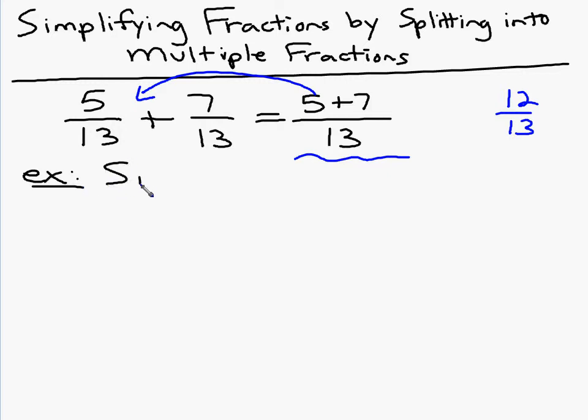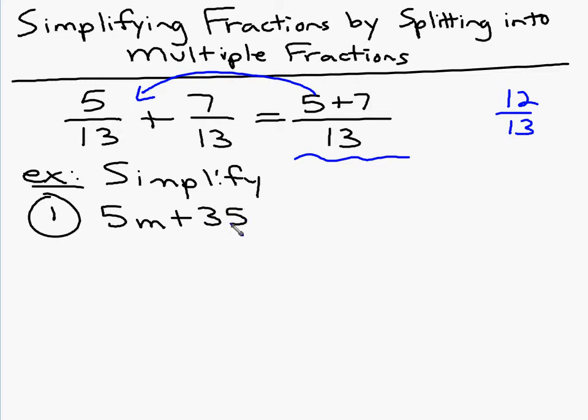You're going to be asked to simplify, and you'll have a problem like this: (5m plus 35) all over 5. Basically what they've done is they've written an algebra expression all over a single common denominator.